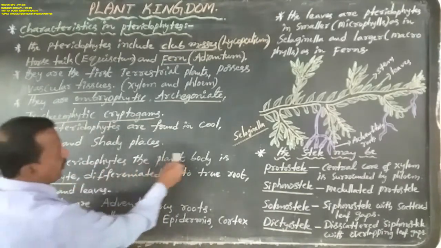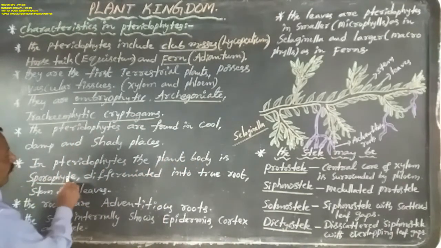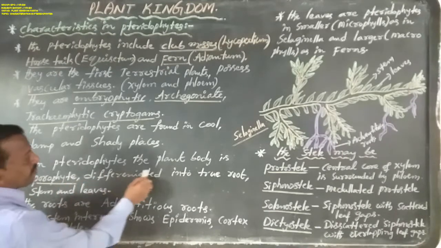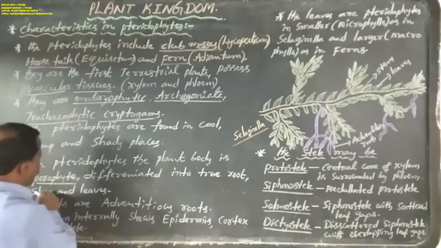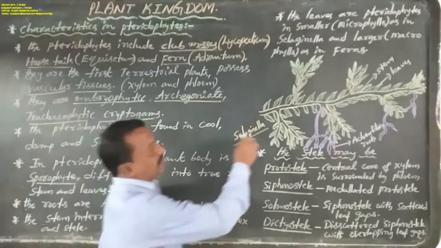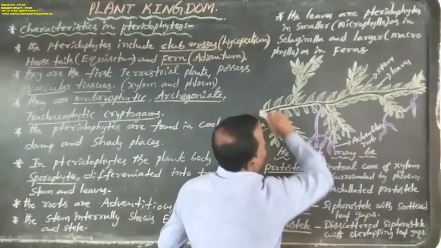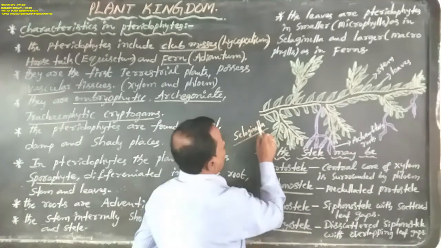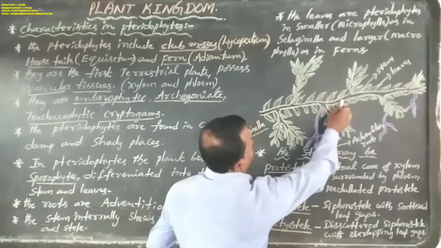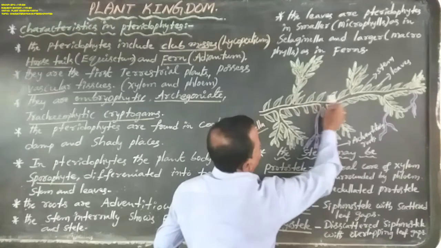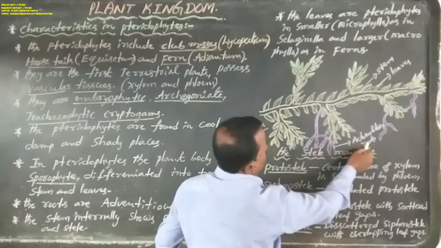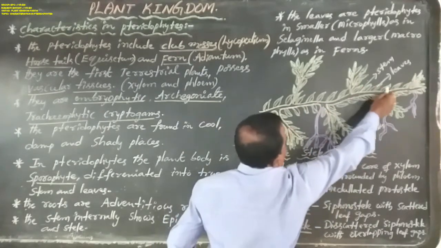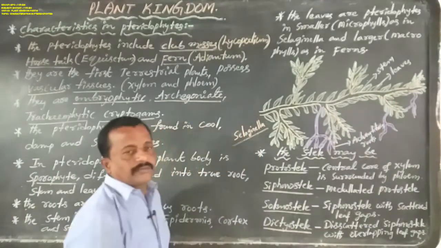In pteridophytes, the plant body is a sporophyte, differentiated into true root, true stem, and true leaves. This is a Selaginella plant body, which is a sporophyte.